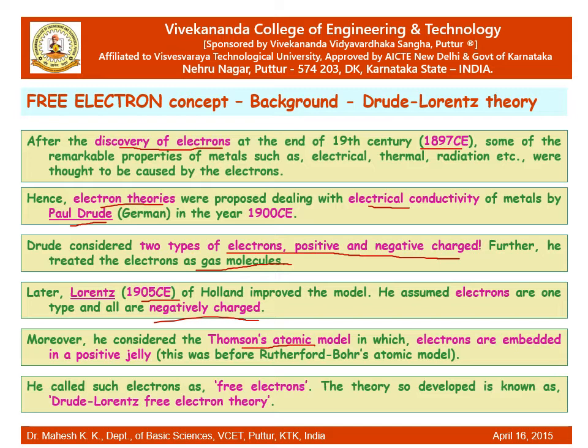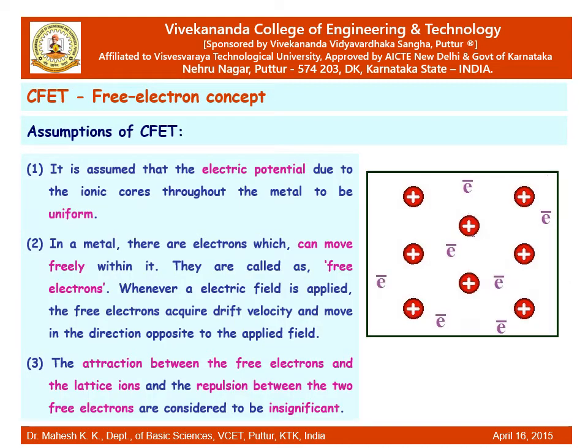He called such electrons free electrons. So who called them free electrons? It is Lorentz who first called them free electrons. That is why we call this theory the free electron theory, or the Drude-Lorentz free electron theory. Based on this introduction, let us see the free electron theory.